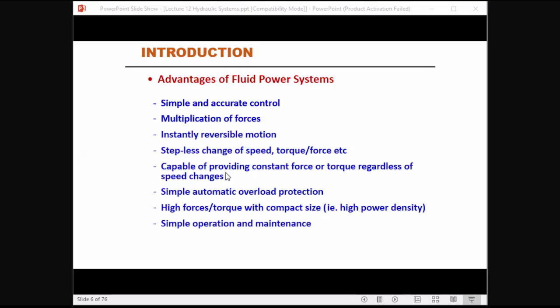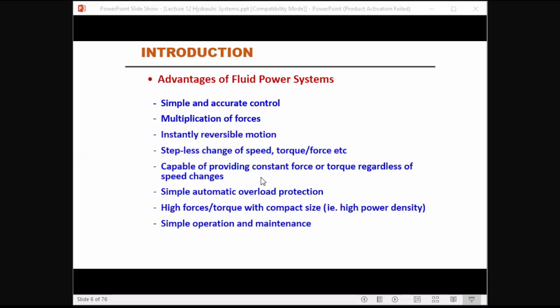Then capable of providing constant force or torque regardless of speed changes. In this case, they maintain consistent output force or torque even when the speed of the actuating mechanisms varies, ensuring a stable performance.